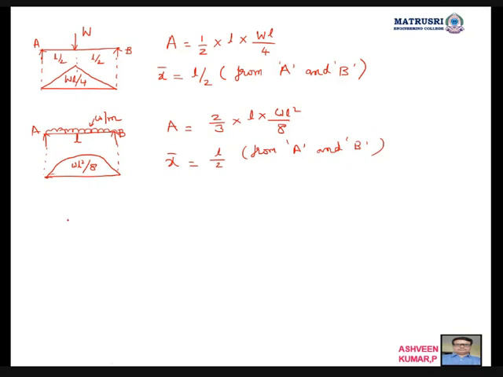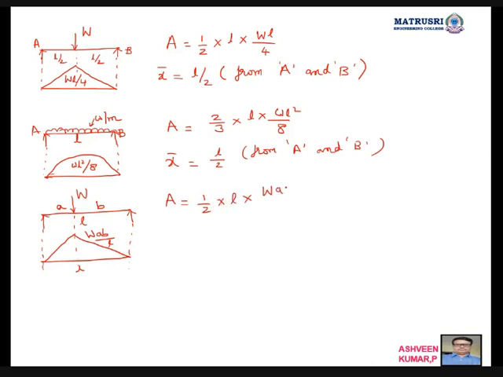Then suppose eccentric loading is coming, W, say this is A, this is B, this is L. This is WAB by L. So what is the area here? Half into L into WAB by L. Then what is X bar?